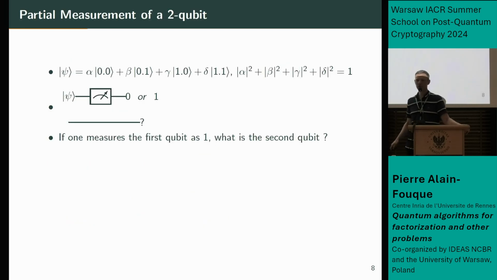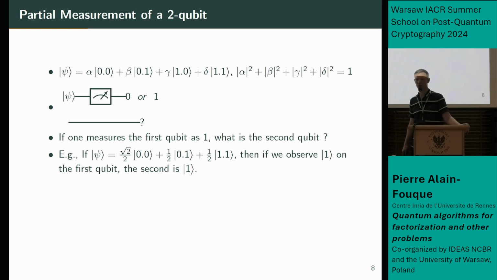Okay, so if you have this general 2 qubit state, what happens if you measure 1 for the first qubit, for instance? What will be the second qubit? So in fact, let me show you with some examples.